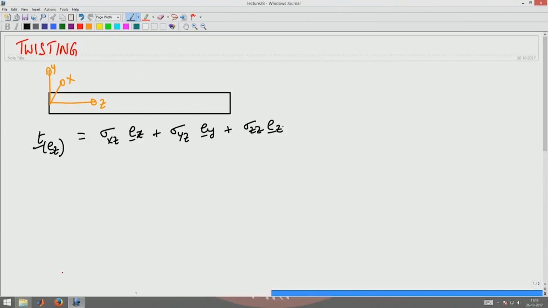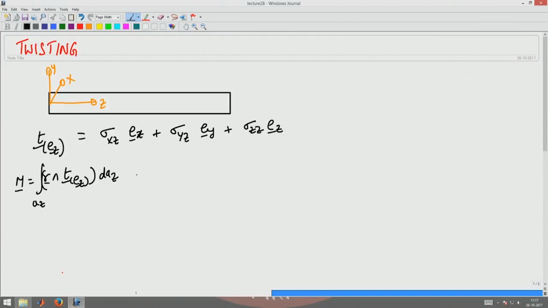Now at a given cross section I want to find the moment due to this exposed traction. So the moment equation would be the integral of R cross T of e_z over dA, with dA along z because z is the axis of the beam.